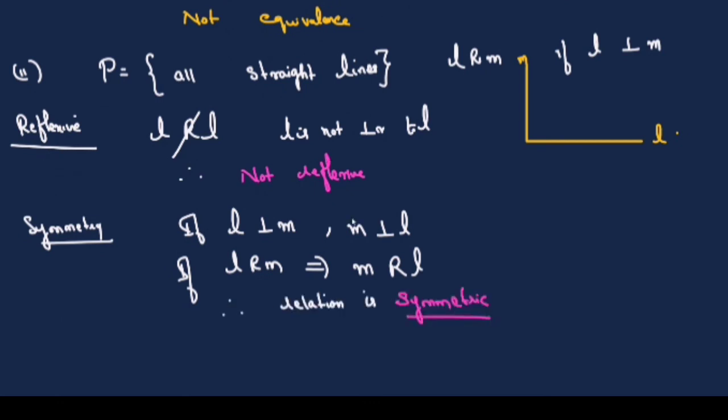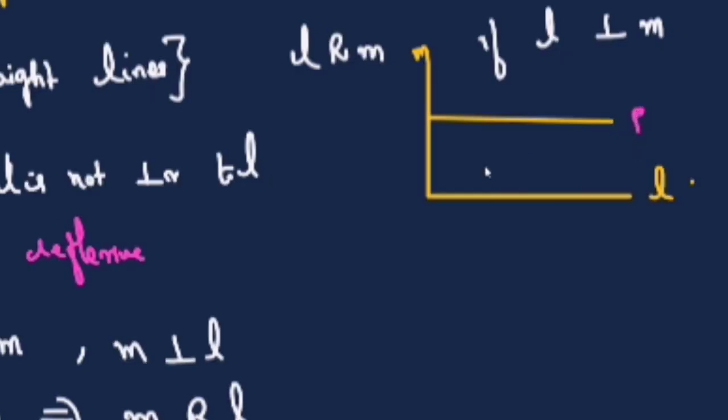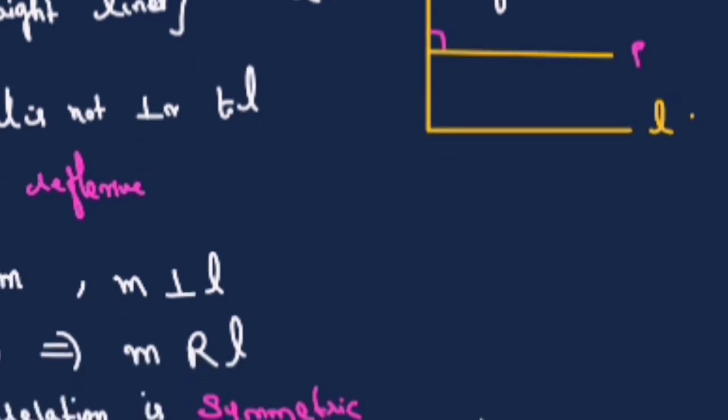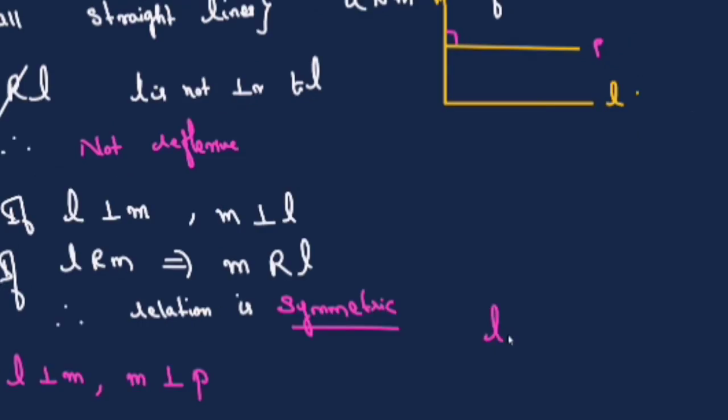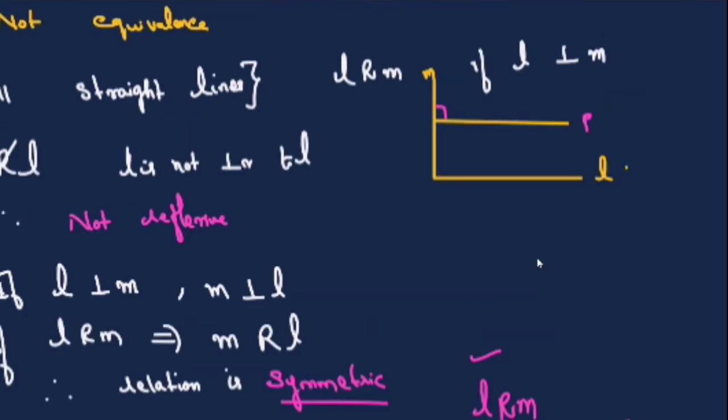Is it transitive? Now, L is perpendicular to M. M and P are perpendicular. Can you say now, see what is a transitive relation? If L is related to M and if M is related to P, then you have to check L and P, the first and last. Are they perpendicular? No, what are they?